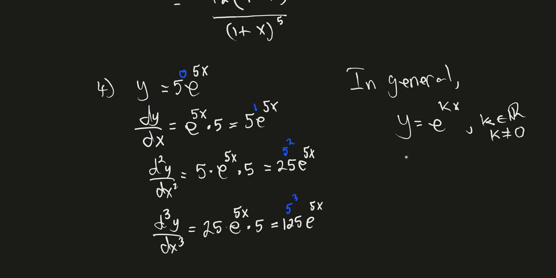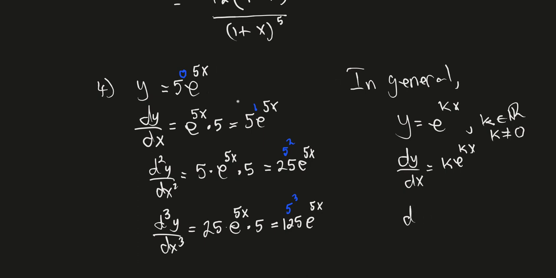But the key thing now is if I want to differentiate e to the kx, I will end up getting k e to the kx. Not only that, but we can actually write down a general rule for the nth derivative of this type of function.